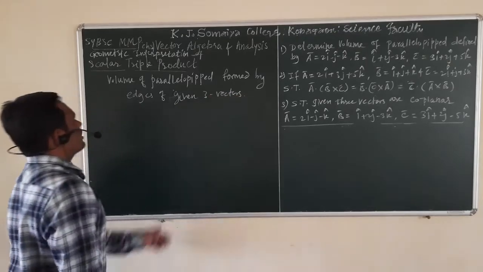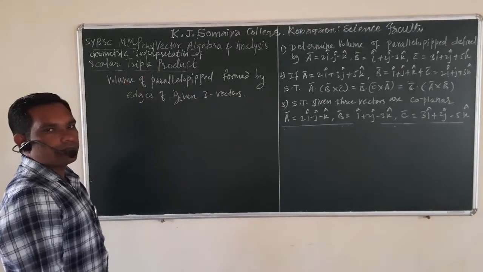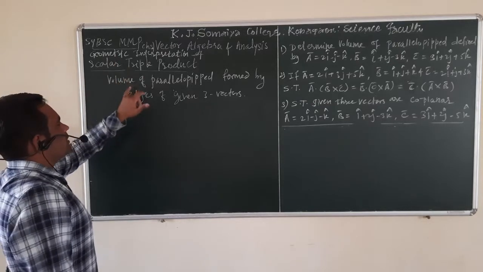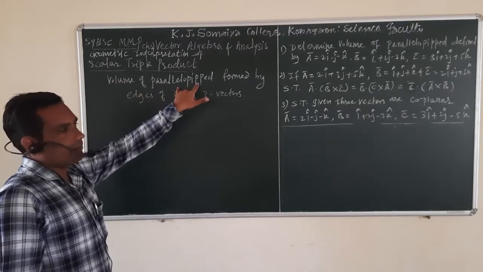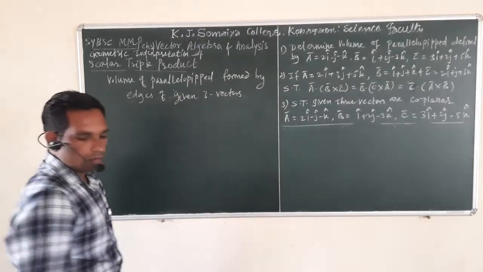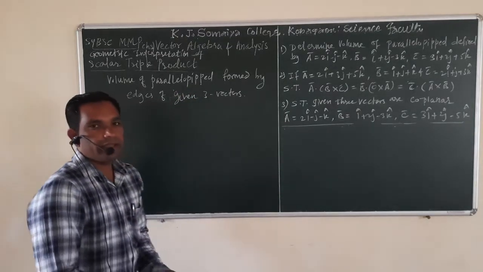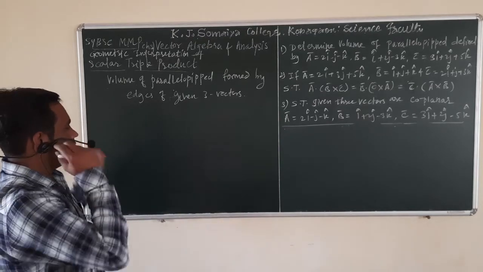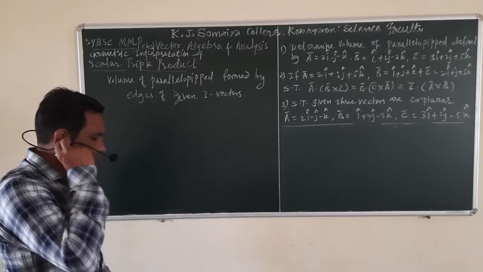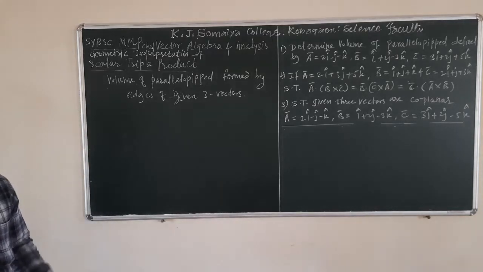This is the geometric interpretation of scalar triple product. If you take the scalar triple product of any three vectors, that represents the volume of the parallelepiped which is formed by the edges of the given three vectors.